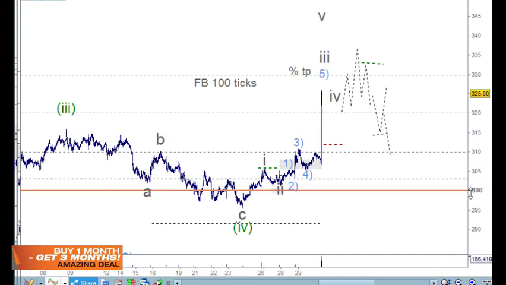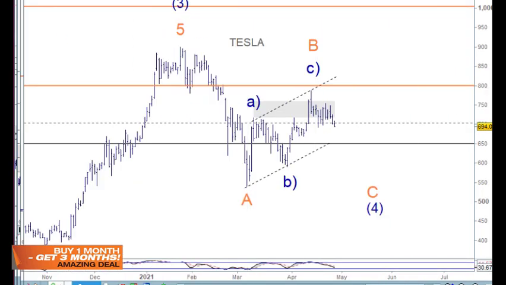Tesla looking a little bit bearish. Yesterday we called the top in for Tesla here, and looking for downside, so we'll look at that. I don't know how investors feel about the company.